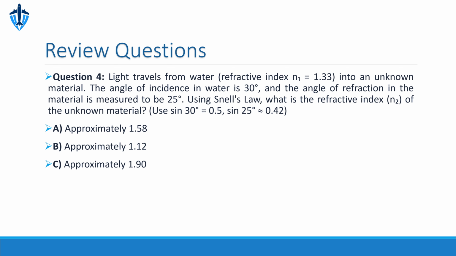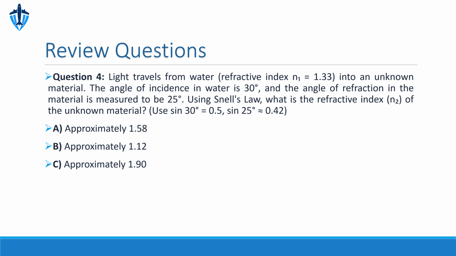Question 4. Light travels from water, refractive index N1 equals 1.33, into an unknown material. The angle of incidence in water is 30 degrees, and the angle of refraction in the material is measured to be 25 degrees. Using Snell's law, what is the refractive index N2 of the unknown material?